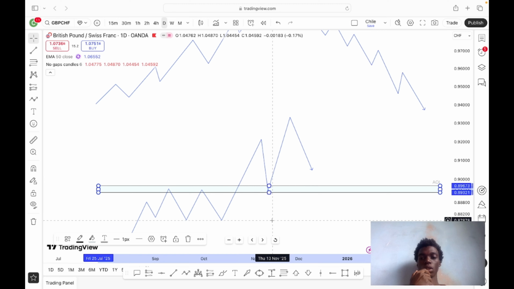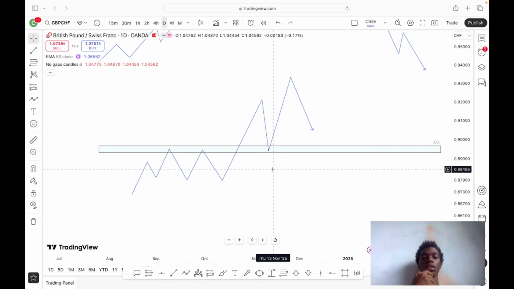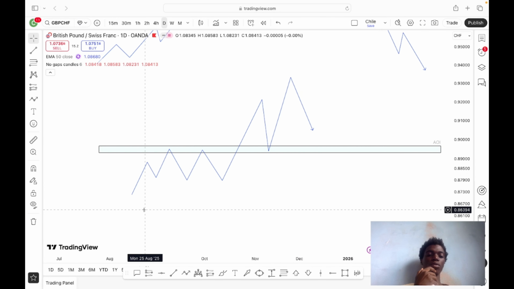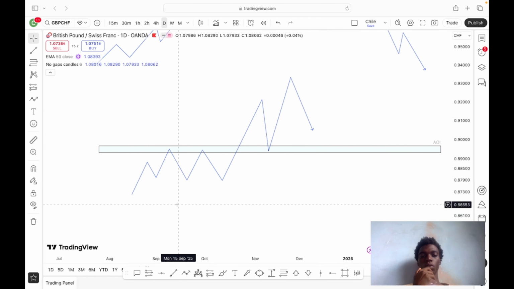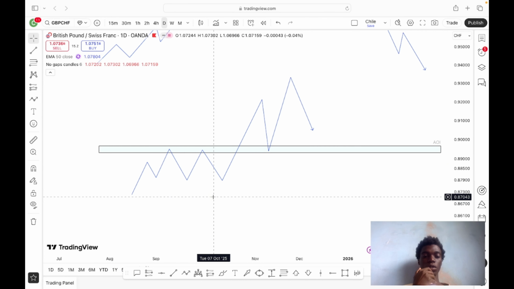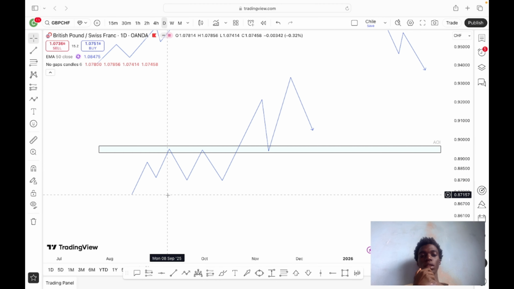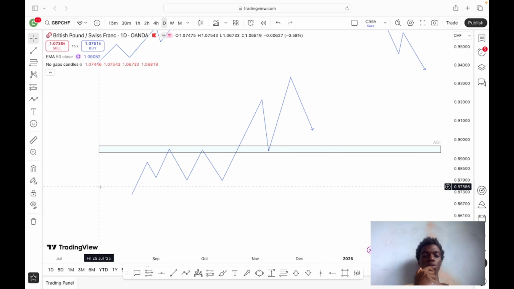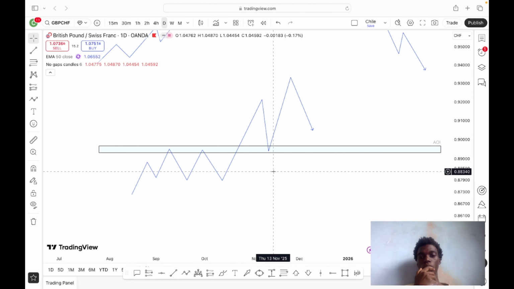So the second thing which I'm looking for is the area of interest. And what I mean by area of interest is a certain level of support and resistance. So I'm going to take the trade because it shows that it's strong because of the previous rejections and respect and all that.